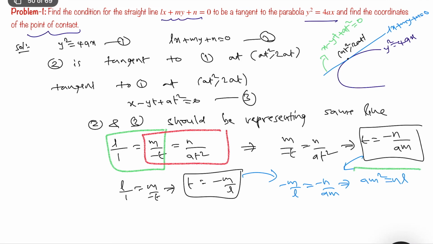So this is the condition for the line lx + my + n = 0 to be a tangent to the parabola y² = 4ax.